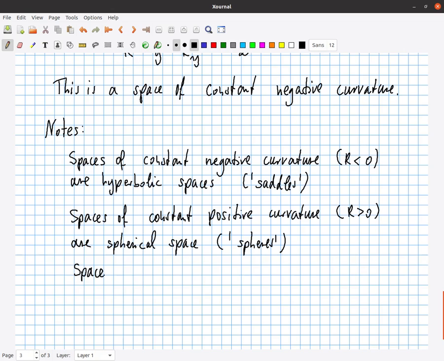Finally, luckily those are trivial, spaces with constant zero curvature are flat spaces.